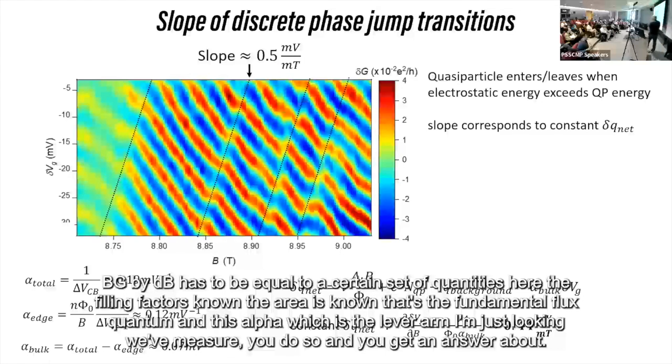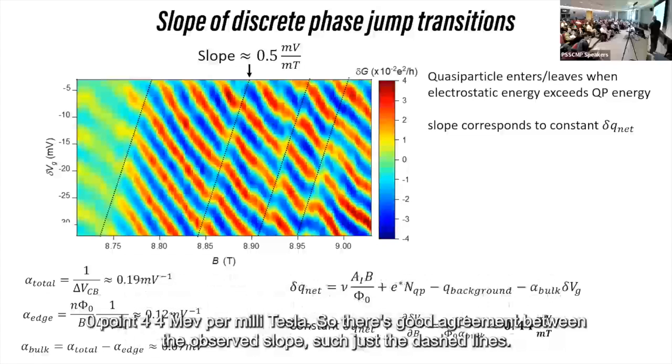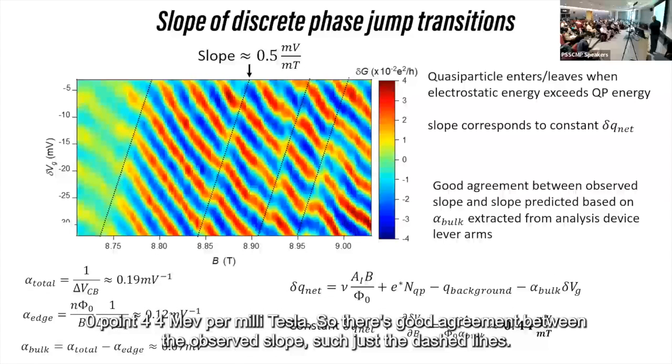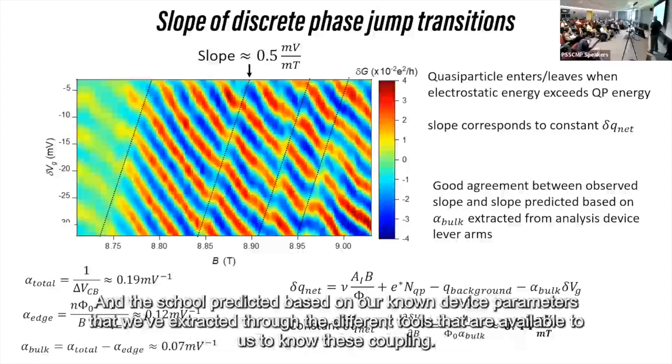And this alpha, which is the lever arm, I've just told you we've measured. You do so, and you get an answer of about 0.44 MeV per millitesla. So there's good agreement between the observed slope, that's just the dashed lines, and the slope predicted based on our known device parameters that we've extracted through the differing tools that are available to us to know these couplings.